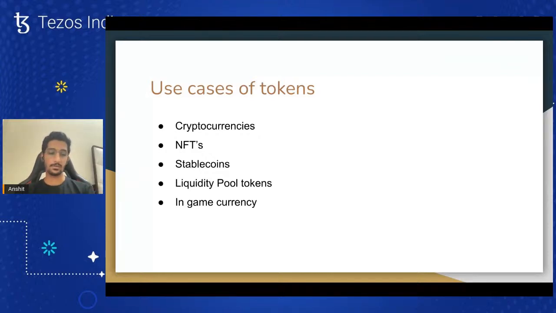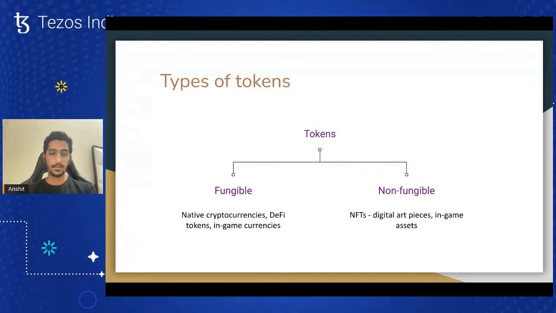And then there are stable coins which have some value associated with a real world asset. So let's say there's a stable coin of USD, it will resemble the value of the US dollar. And there can be liquidity pool tokens which are used in DeFi and decentralized exchanges, and they can be in-game currencies also. And there can be a lot more use cases of tokens.